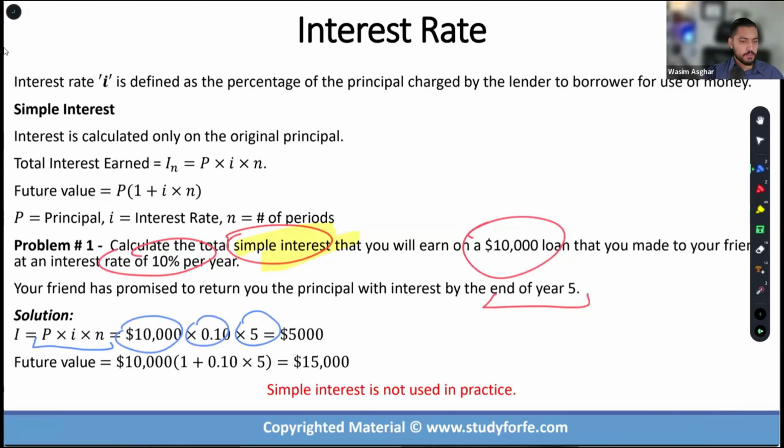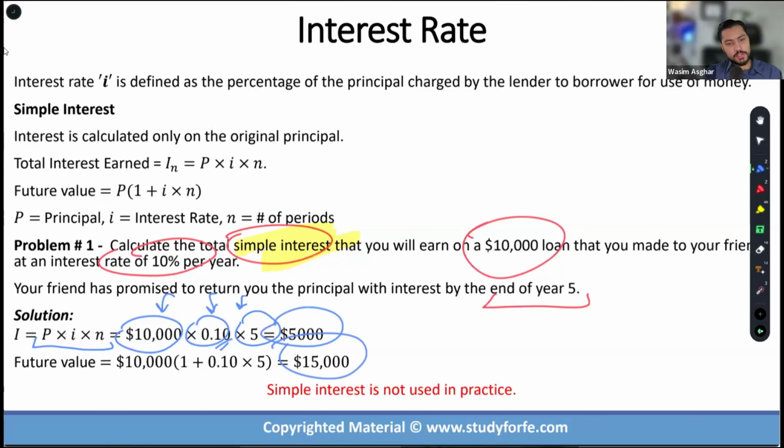So for 5 years, each year, you're charging 10% on 10K. And the final payment that you can expect to receive is about $15,000, right?